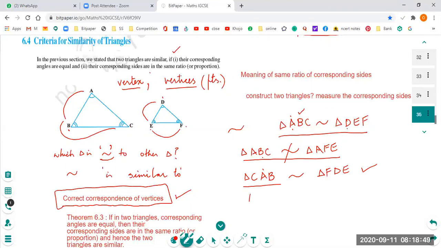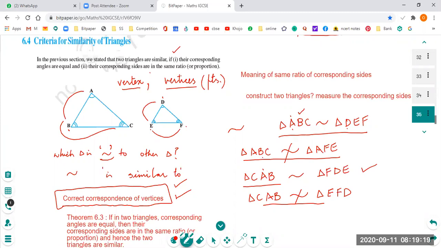But if you say triangle CAB and here you write triangle EFD, these two triangles are not similar. You might end up saying that the triangle is the same. No, but correct correspondence of vertices is very important.